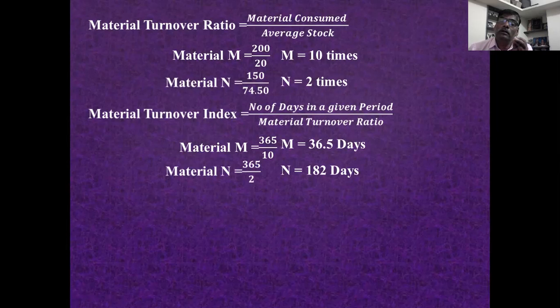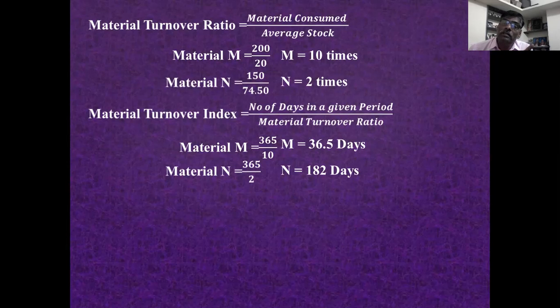Once you fill the material in the godown, for 182 days there is no need of looking at material N. Therefore, this point you have to intimate to the purchase manager, because he has to purchase material M for every 36 days.